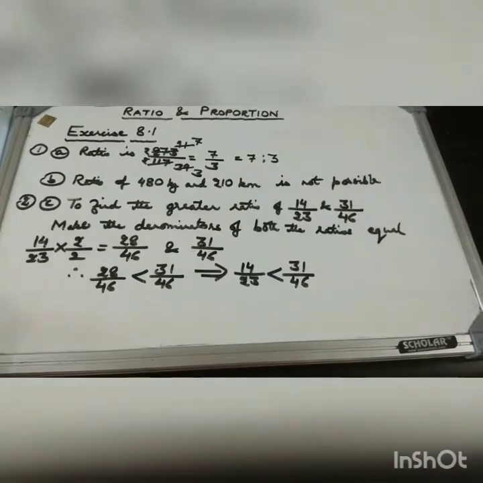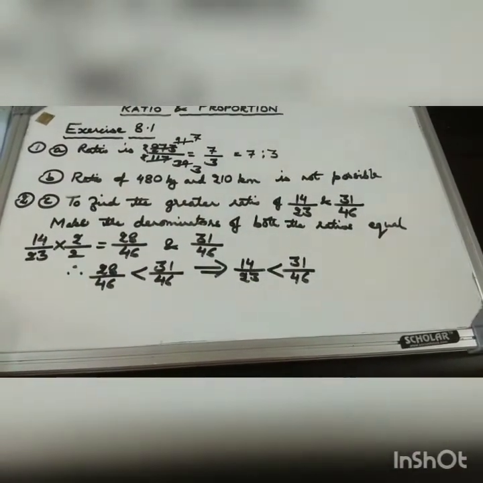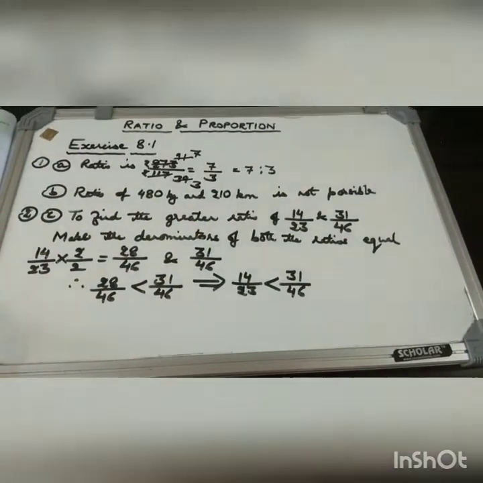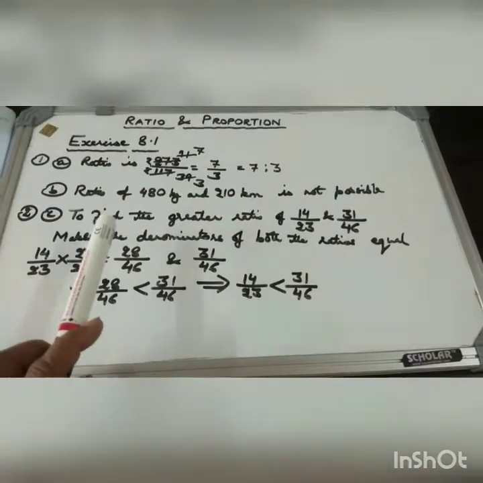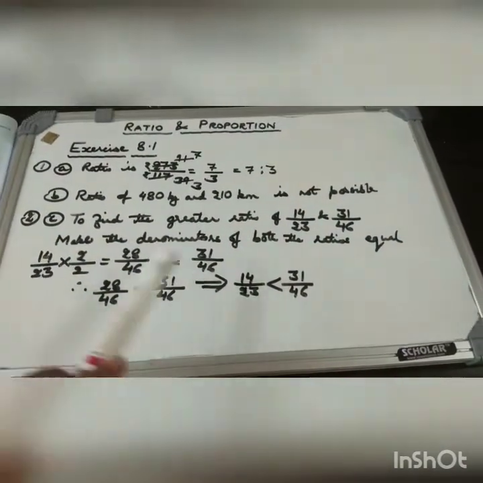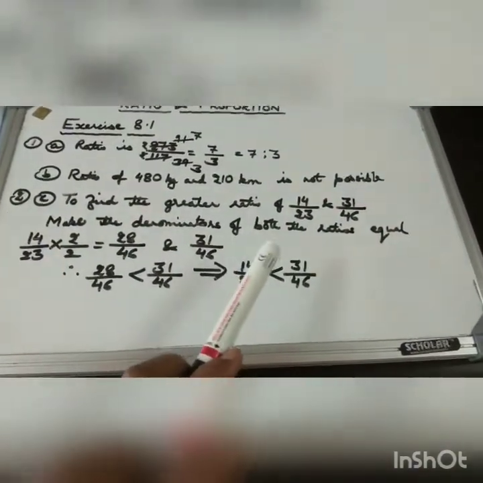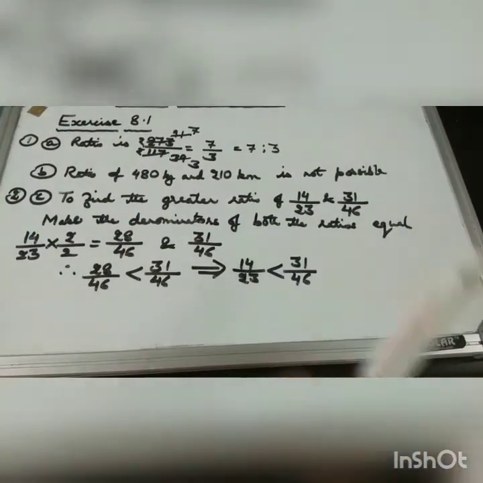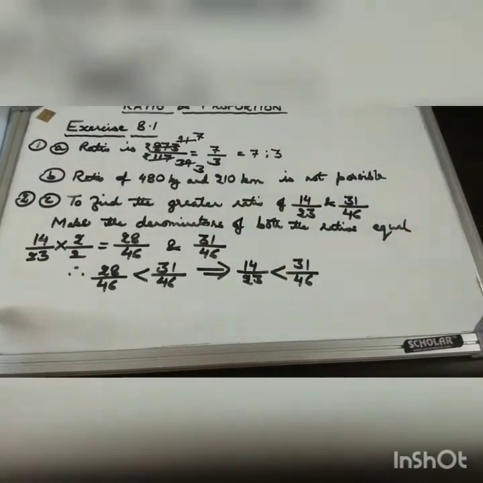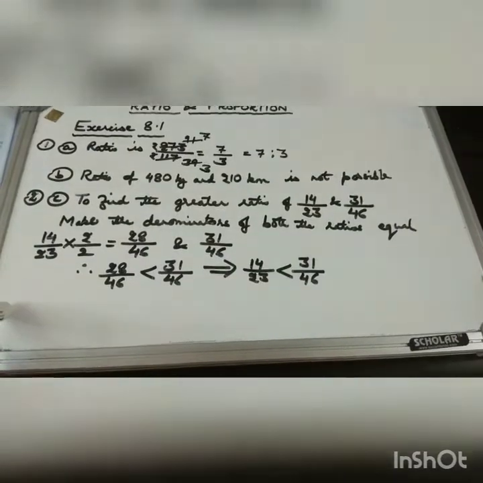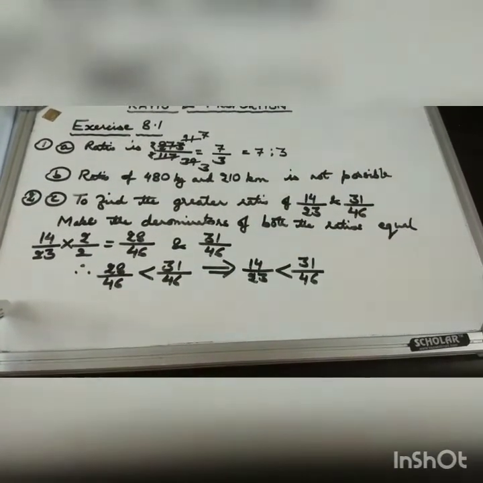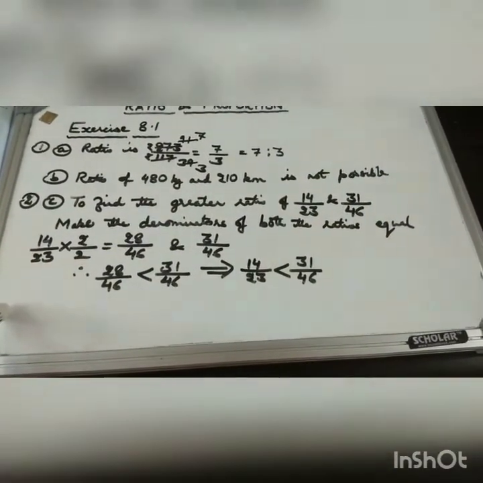Now comes question number 2C. In question number 2C, you have to find the greater ratio. Now question is 14 upon 23 and 31 upon 46. Now I am doing it by the method of making denominator same.